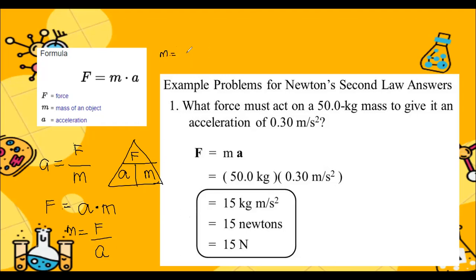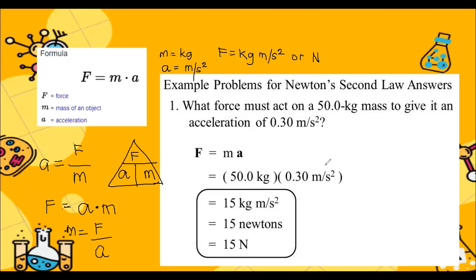For the second law of motion, mass uses kilograms, acceleration uses meters per second squared, and force uses kilogram meter per second squared, which can also be written as Newton. Let us try to answer; even though we have an answer here, let us practice.